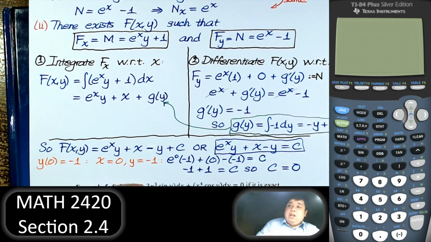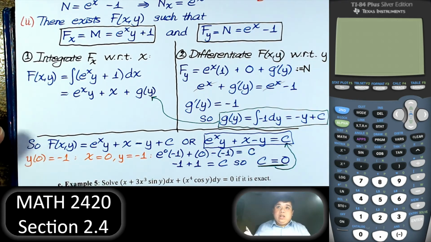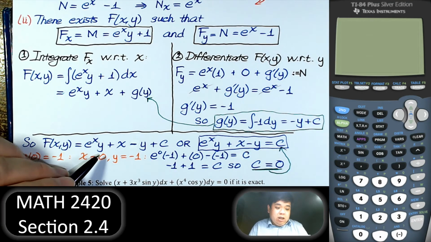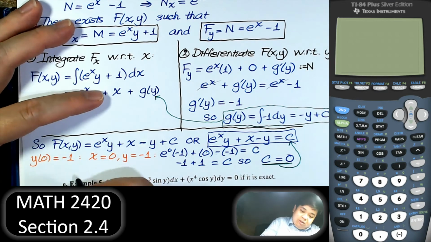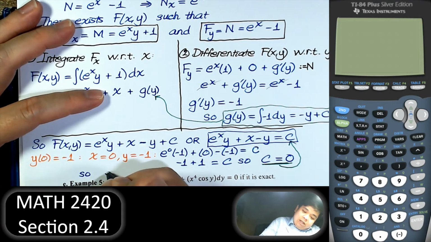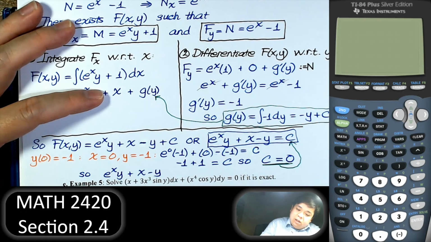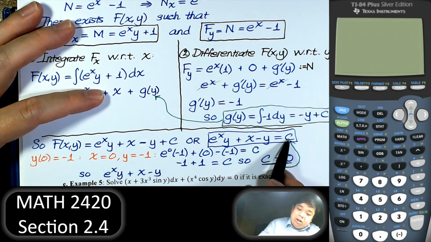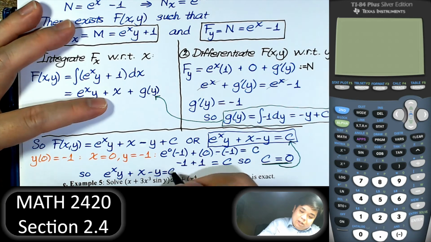And finally, if c equal to 0, substitute in this one. So the solution for the initial value problem is e to the x times y plus x minus y equal to c, which is 0.